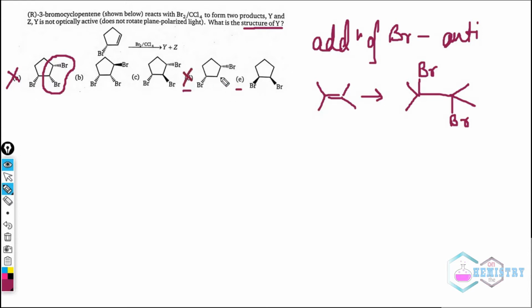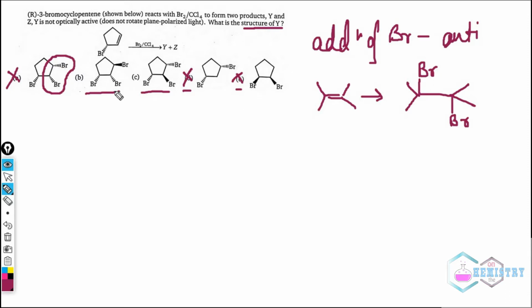So these will not be the answer, and these two are the probable answers. Let's find out which one is correct. This bromine gets added from the above position and this bromine from the below position, and in this case this bromine is added from below and this bromine from above.